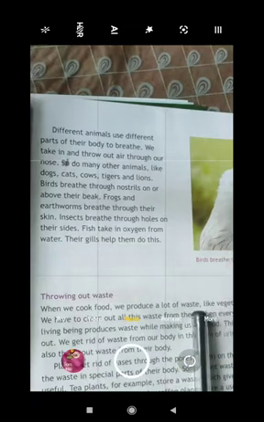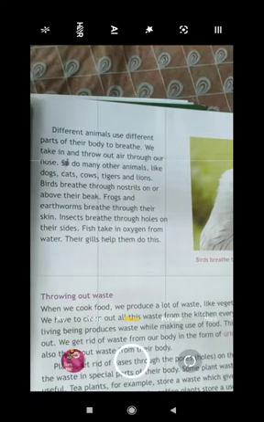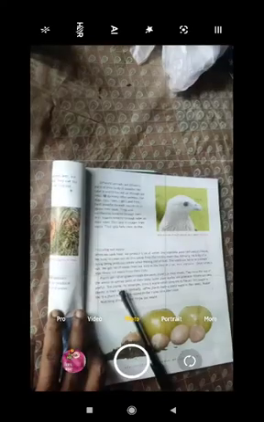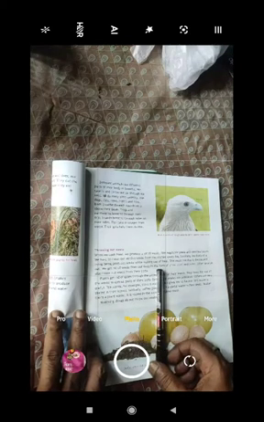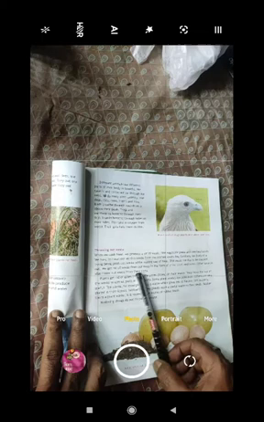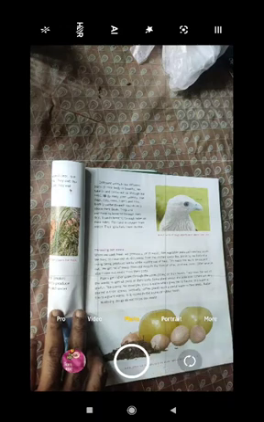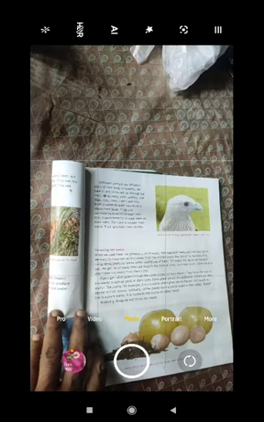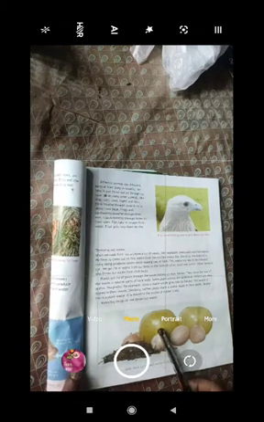So as we are seeing here, different animals, different insects, have different types of breathing. Different animals, with different parts, do this kind of breathing. Okay. Like this way they do their breathing part complete.